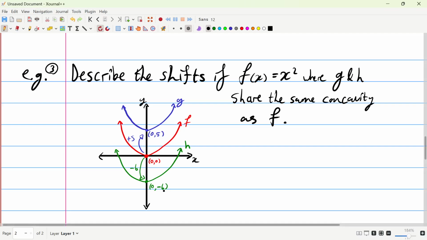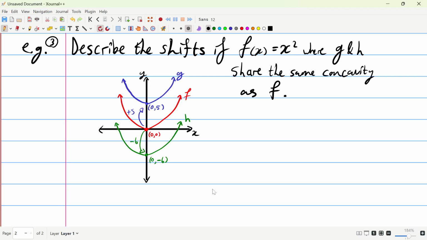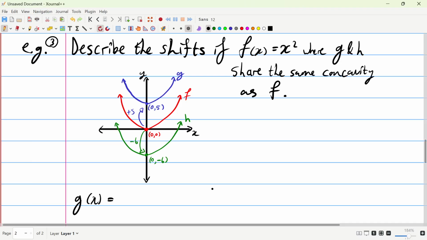So therefore, we can see that g of x is equal to x squared, and remember we can deduce that the a value is 1, which is the same as f, because they told us, plus 5, because we can clearly see that it's shifting up by 5 units, and if we're shifting up by 5 units, that q value is positive 5.